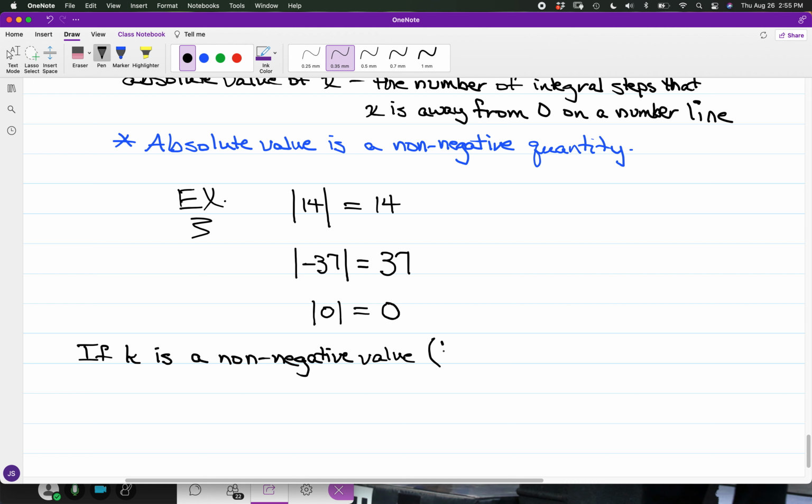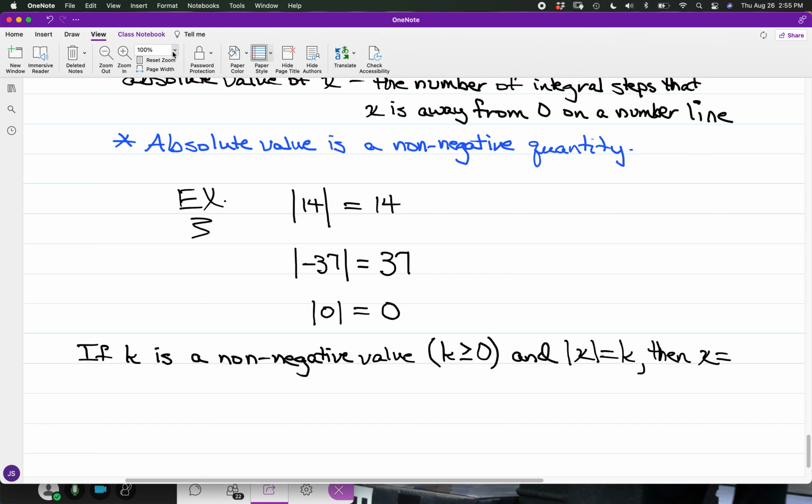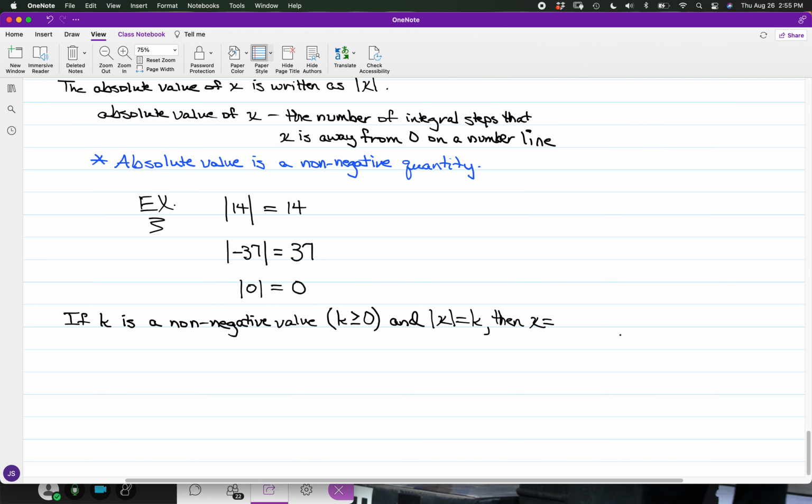What I mean by this is that k is greater than or equal to 0. And we have that the absolute value of x is equal to k, then what x is going to be equal to is positive or negative k.